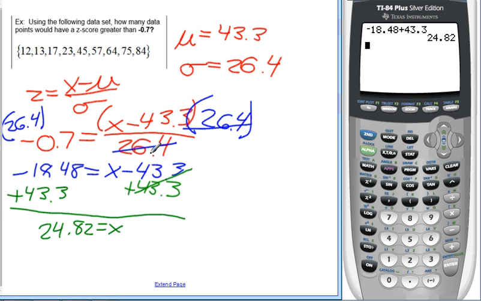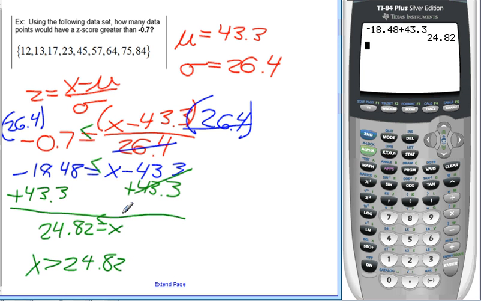Now, I want to know how many had a z-score greater than negative 0.7. So really what I'm saying is I want it to be greater than that. So I'm looking for x values that are greater than 24.82.